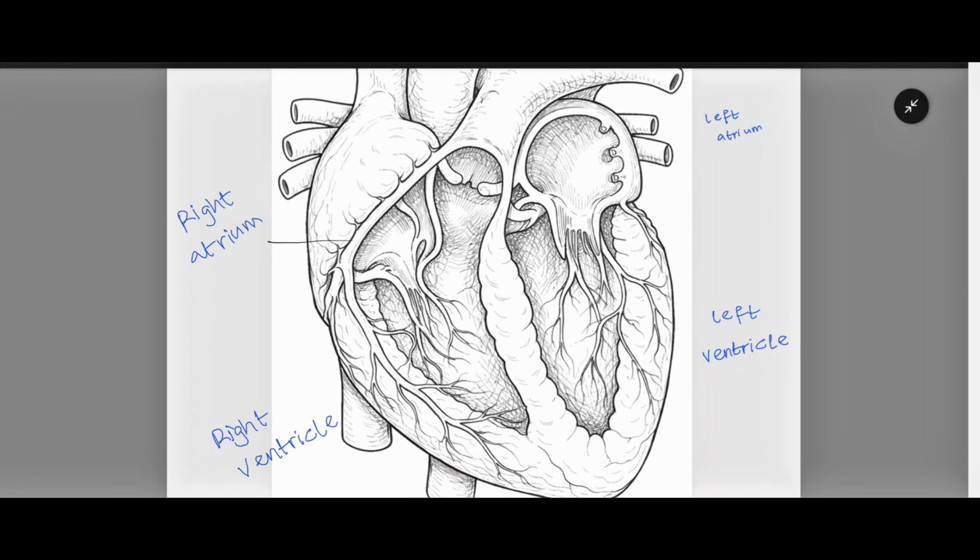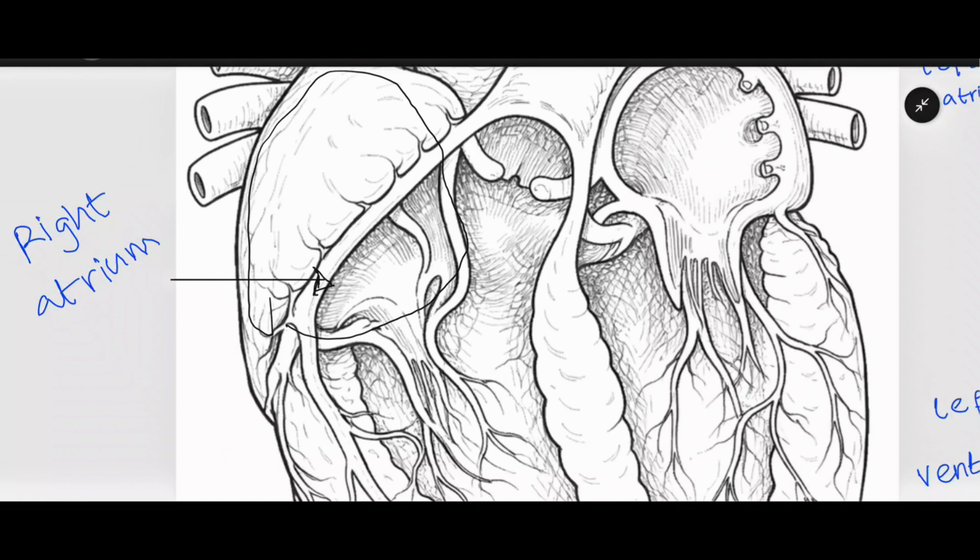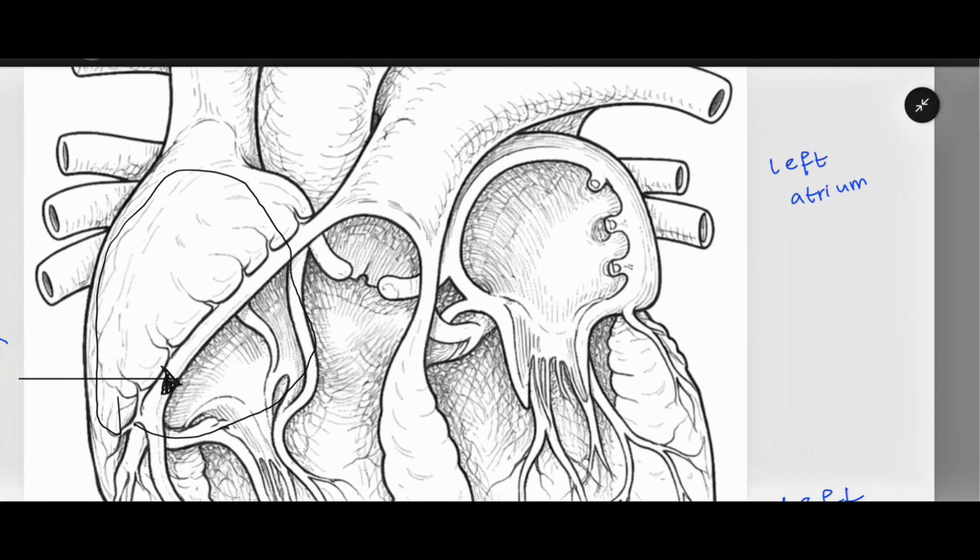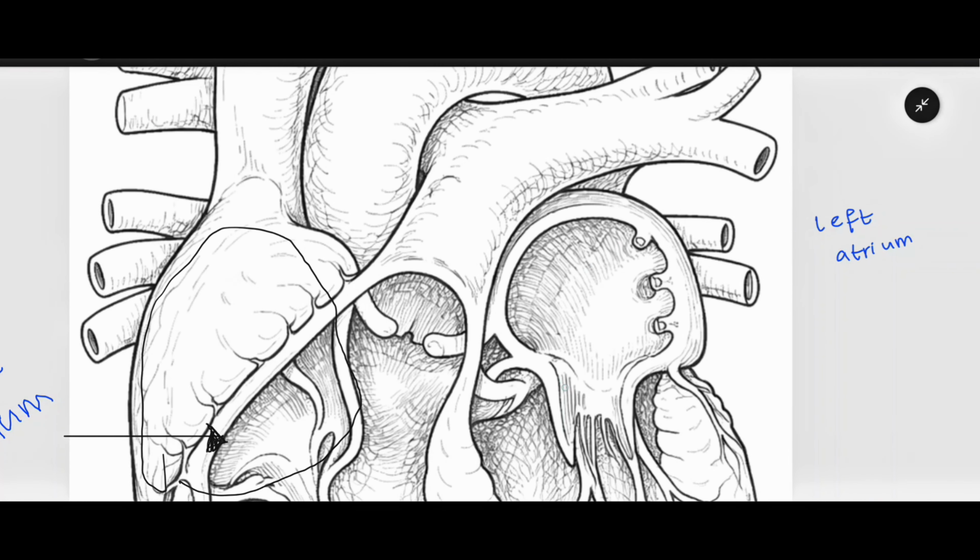So, this chamber right here is the right atrium. And on the left side of the heart, the left upper chamber, this chamber here is the left atrium.